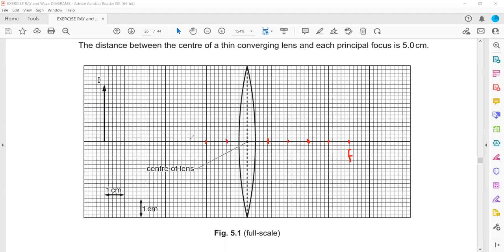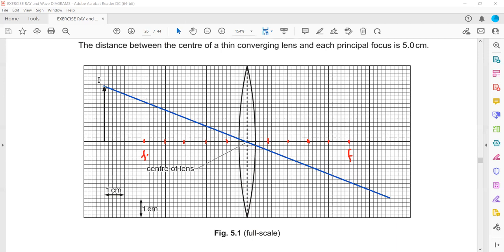Here also 1, 2, 3, 4, 5. So we have to locate the position of the object. The idea is that there will be two light rays. One is always from the tip of the object to the tip of the image. That is one light ray.